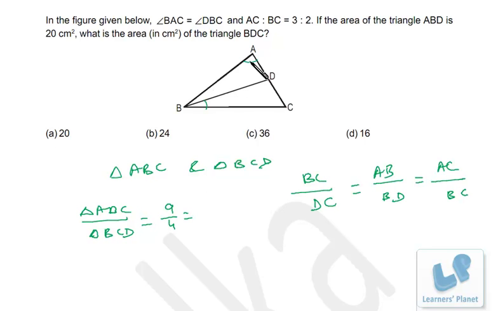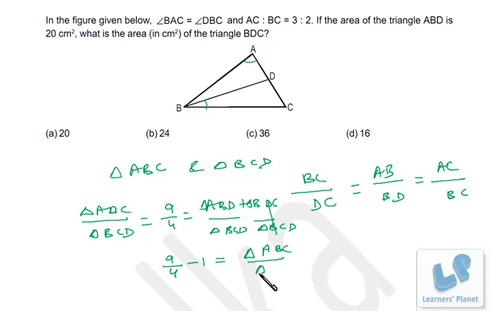Now ABC is actually ABD plus BDC, right? So 9 by 4 minus 1 is equal to area of ABD by area of BCD. So it's 9 by 4 minus 1, that is 5 by 4.